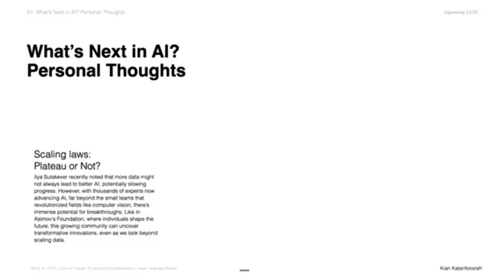What's next in AI. I wanted to call out a couple of trends. So Ilya Sutskever, one of the OGs of LLMs and OpenAI co-founder, raised that question about, are we plateauing or not? The question of, are we going to see in the coming years LLMs sort of not improve as fast as we've seen in the past?